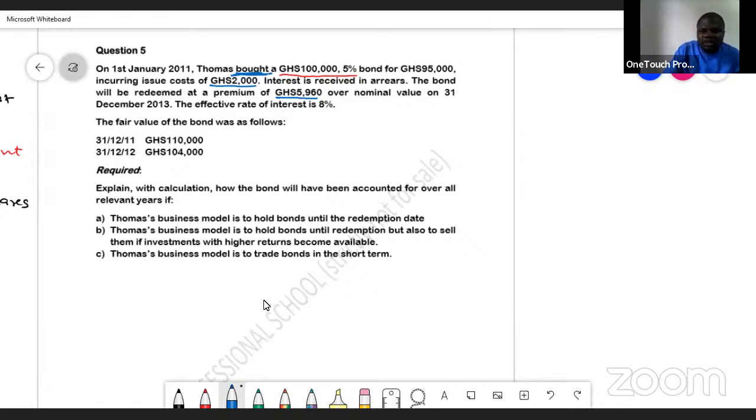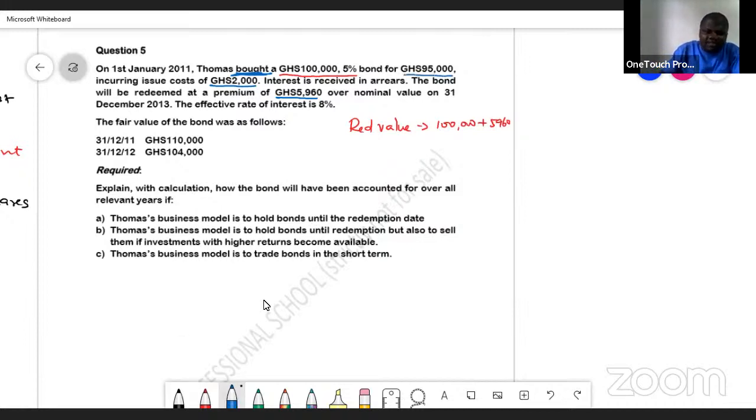It means that the nominal value is 100,000. So the redemption value, we expect that it will be 100,000 plus the 5,960.